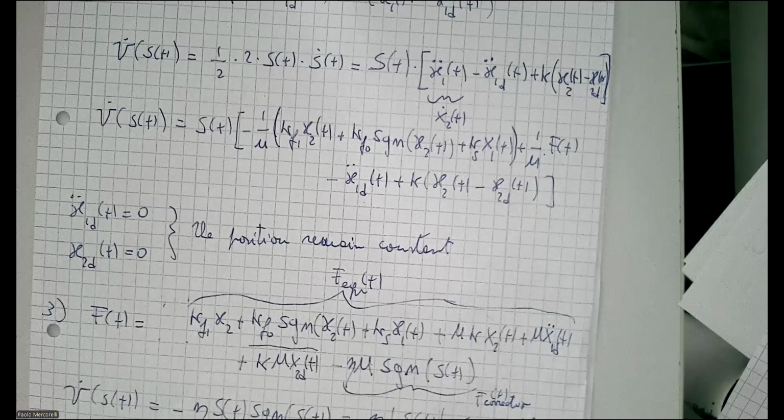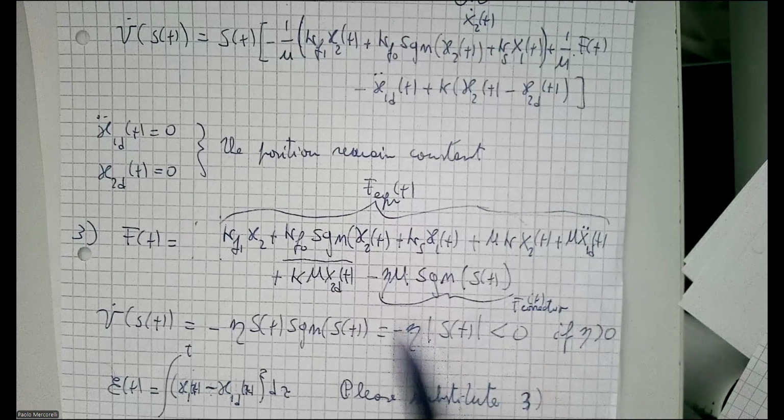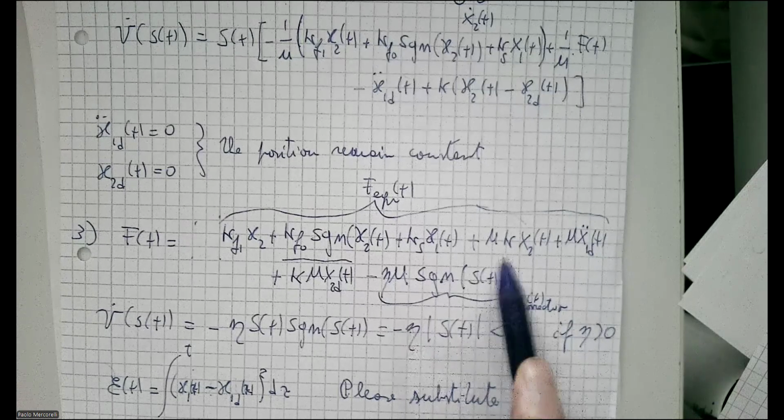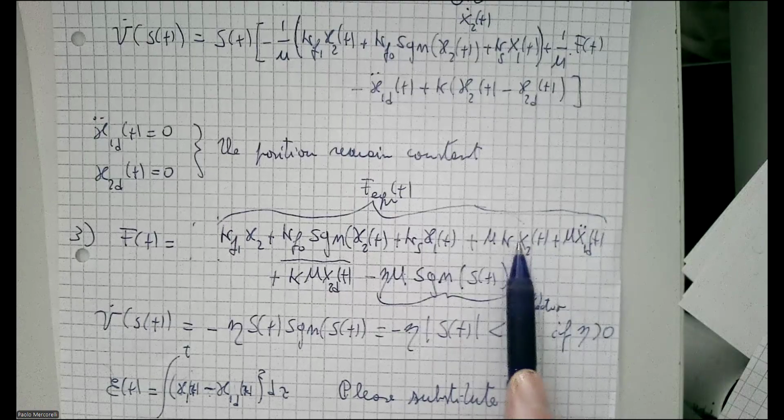We say chattering. You have to find an equilibrium, an optimal dimension of eta and k. Typically, we do this additively, as I told you before, and then we try to find an optimal k.